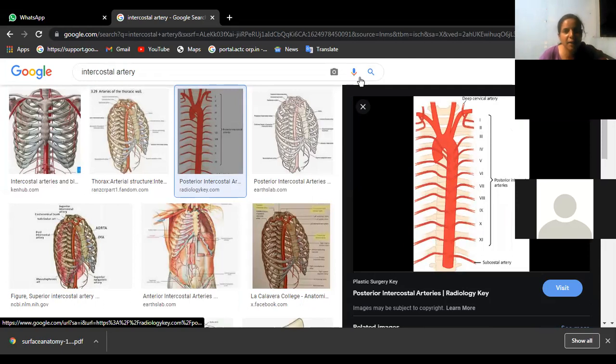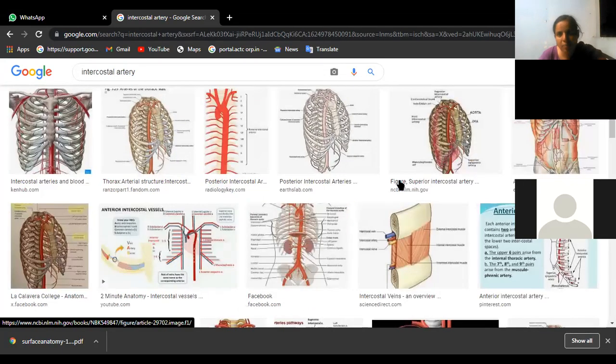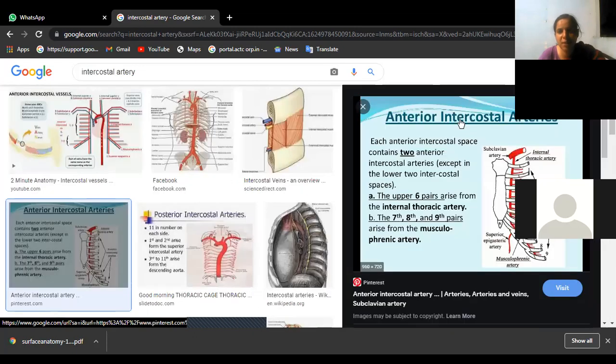Whereas the anterior intercostal artery, from where is it coming? See here, anterior intercostal arteries are branches of the internal thoracic artery. It moves like this. In each space, how many arteries are you finding? Two, two, two, two in number.